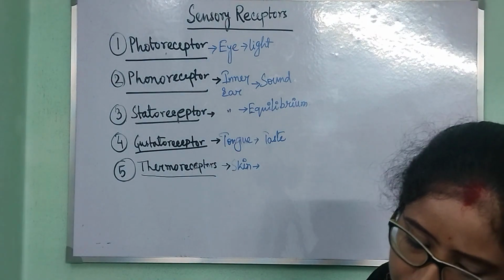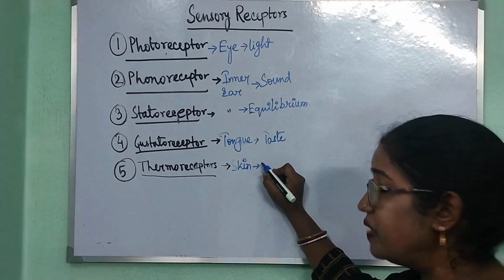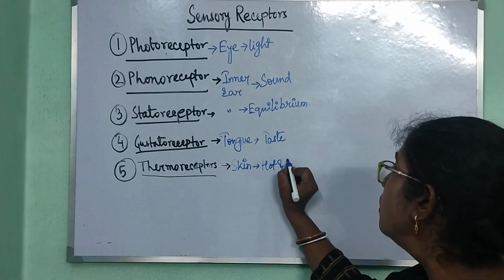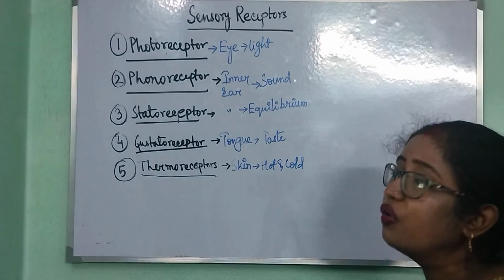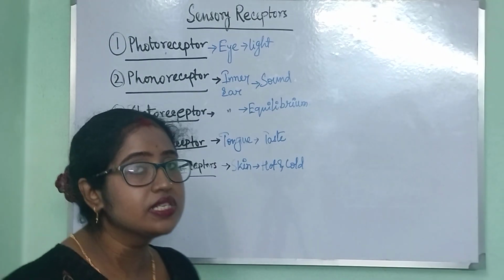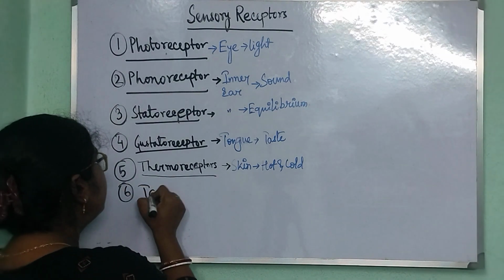So the thermoreceptors are situated beneath the skin, and they help to detect hot and cold temperature or a cold environment.